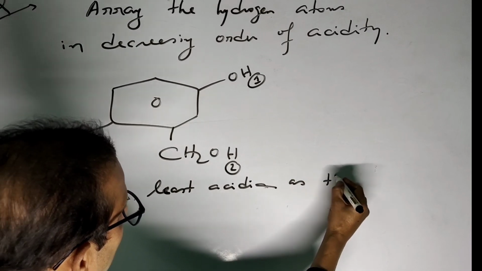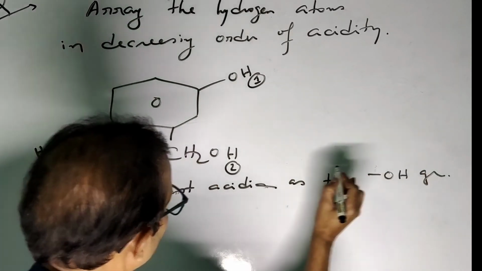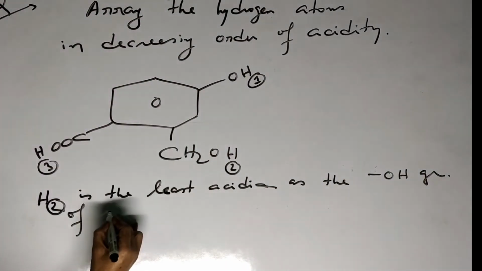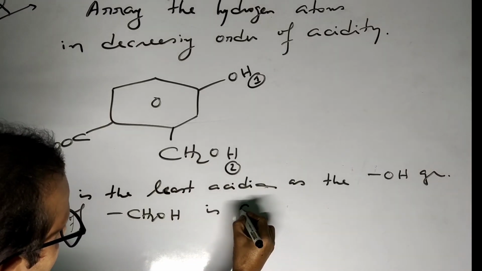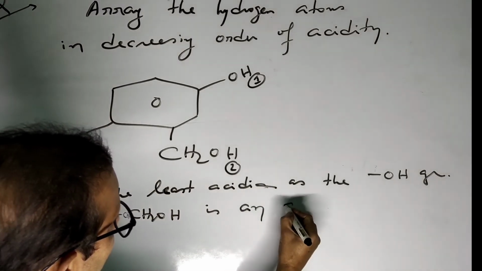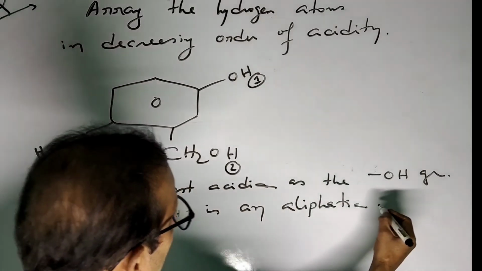As the OH group of this CH2OH is an aliphatic alcohol.